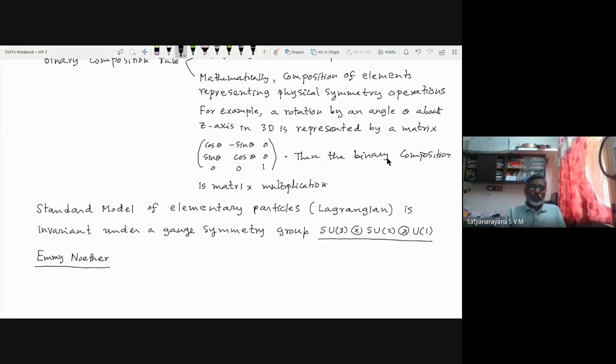Okay, so Emmy Noether's theorem gives you the connection between what is called the invariance, symmetry, invariance, and conserved quantities. Okay, so we will talk about Noether's theorem in detail. So this we will keep it for later.